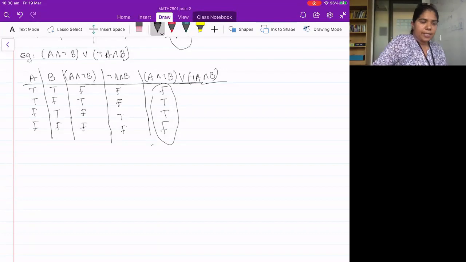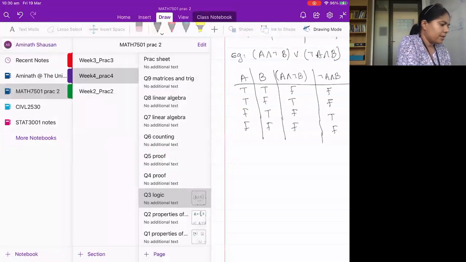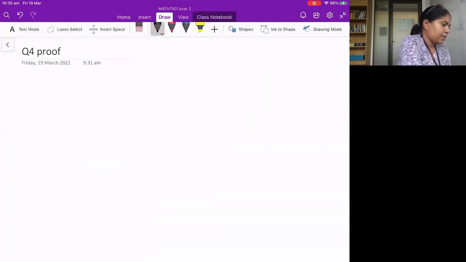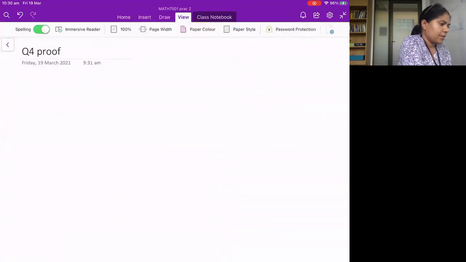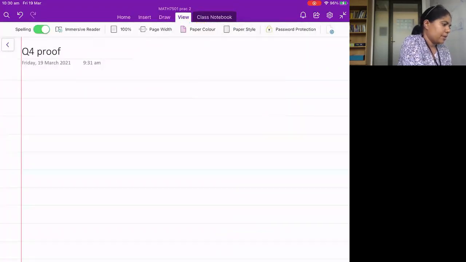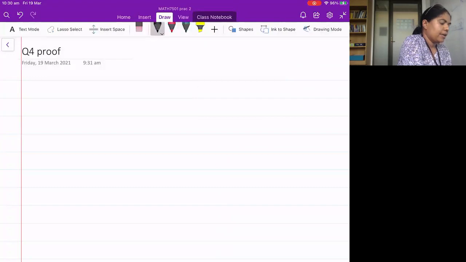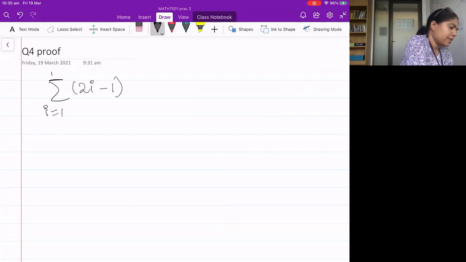The next one is proof. You're given the sum of 2i minus 1, i goes from 1 to n, equals n squared.